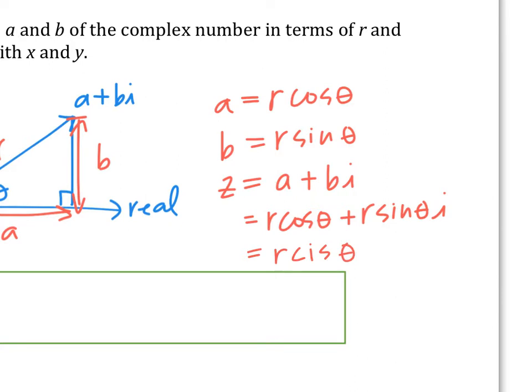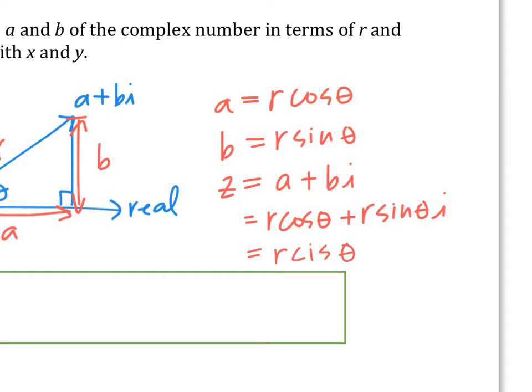So how does that work? You see how there's the radius here? Cis means cosine, I sine, and then angle. So it's just easier to write that instead of the whole thing. R cis theta, something like that.